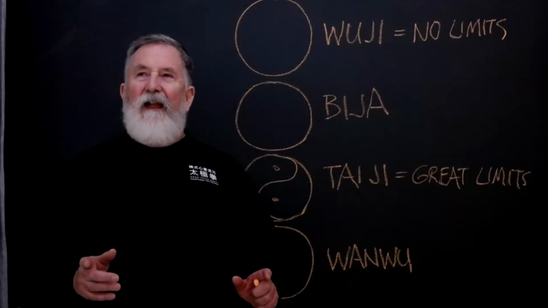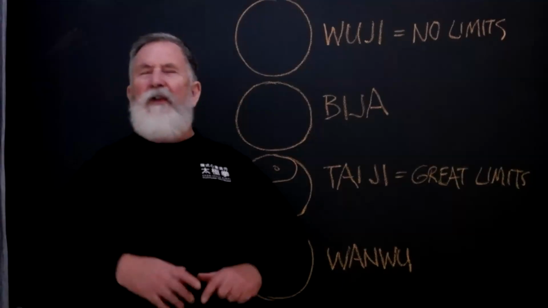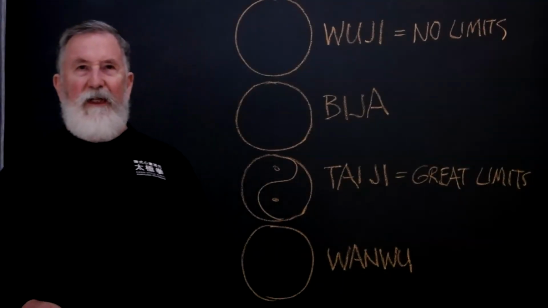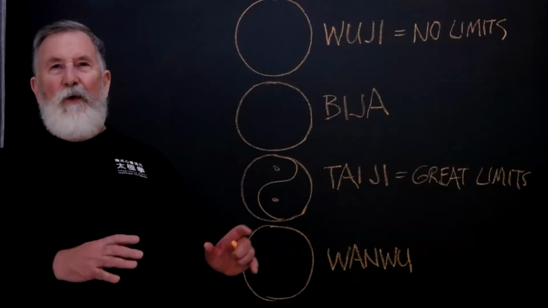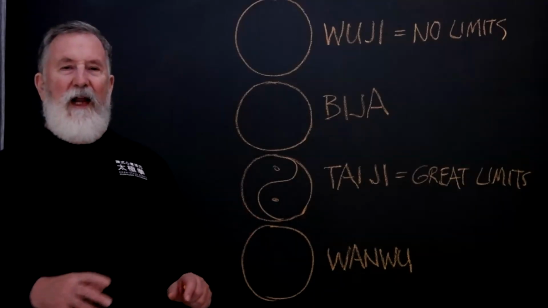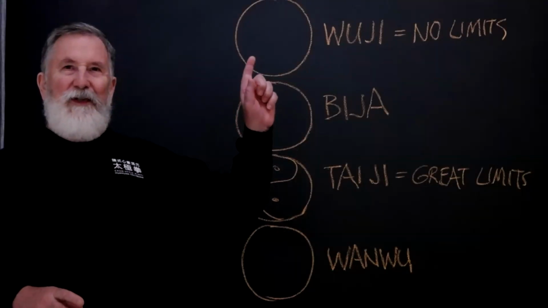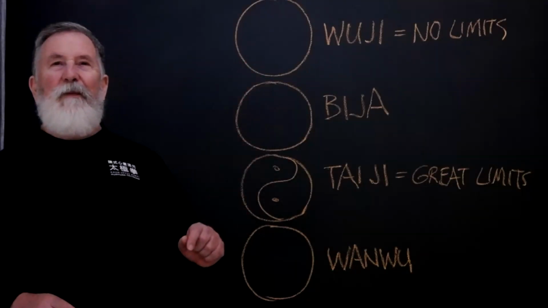Emptiness. In English it means nothing, and it leads to a kind of nihilism, and that's not at all what it means. We'll go into that maybe later on another day, but let's just say for right now, it's no limits.